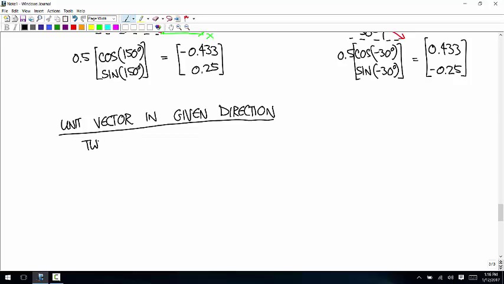And there are two ways to do this. First one is, given an angle between some reference and the desired vector.